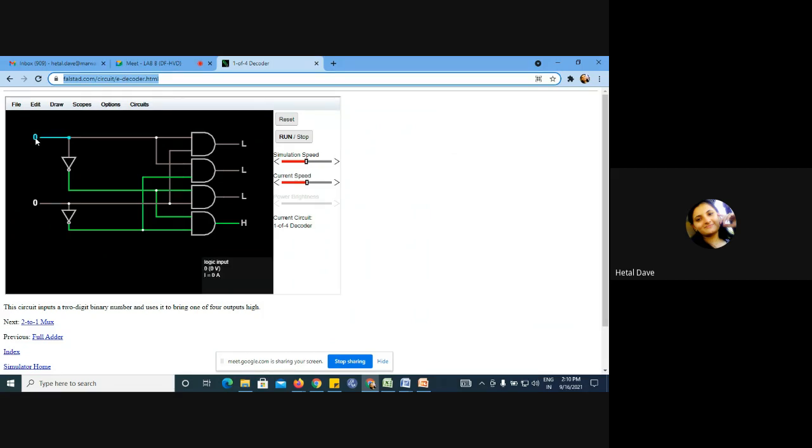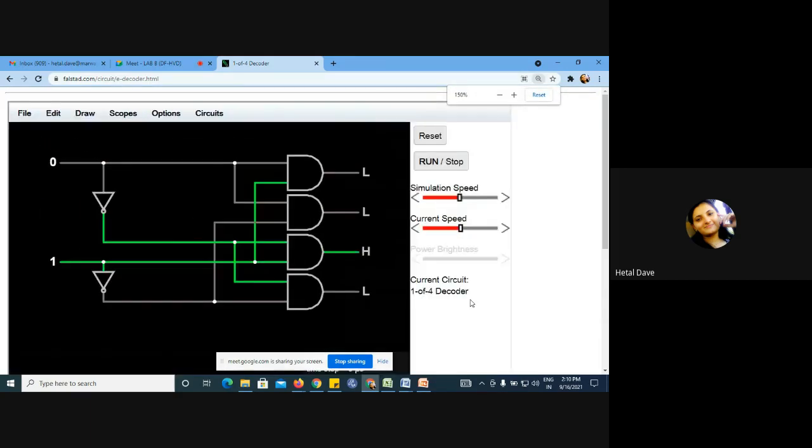Let's say right now 0, 0 are given at the input side. At the output side, you can see three outputs low and one output is high. Okay, let's say I'm going to give 0, 1.